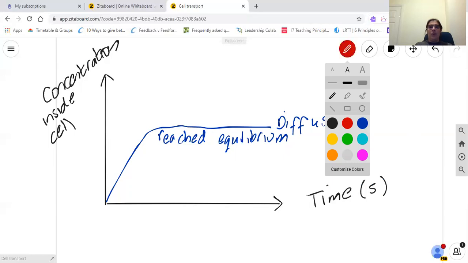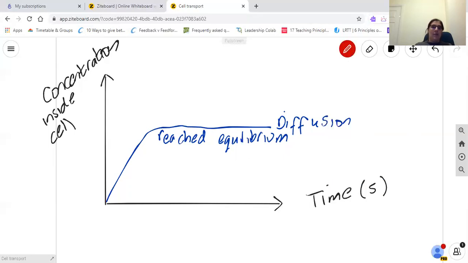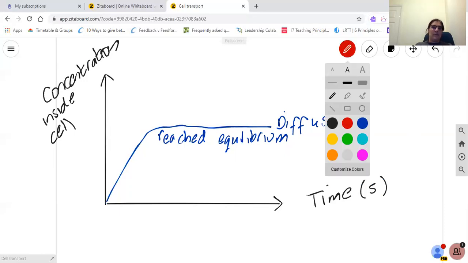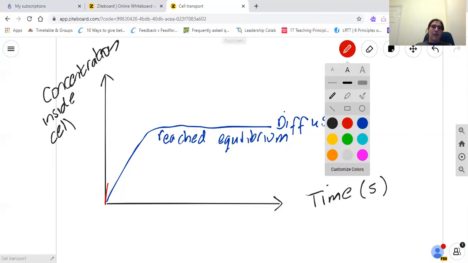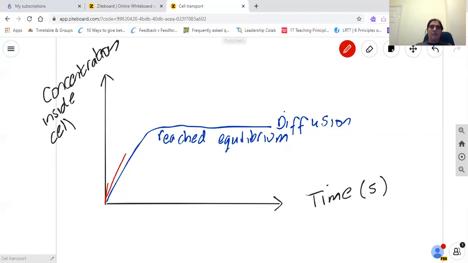Or you could get a graph that does that. Seems to be going a little bit faster.